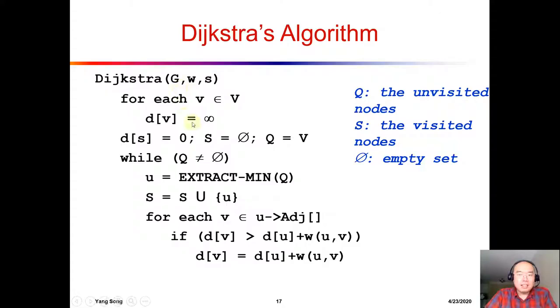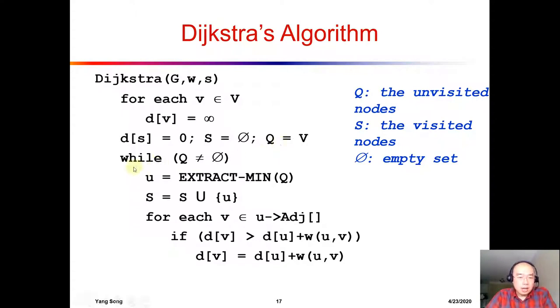And then S. So what is S? S is the set of visited nodes, so it starts as phi, an empty set. And then for the Q, what is the Q? Q is the unvisited nodes. So for the Q, it is V. I'm putting all the vertices into the queue because they are all unvisited nodes for now.